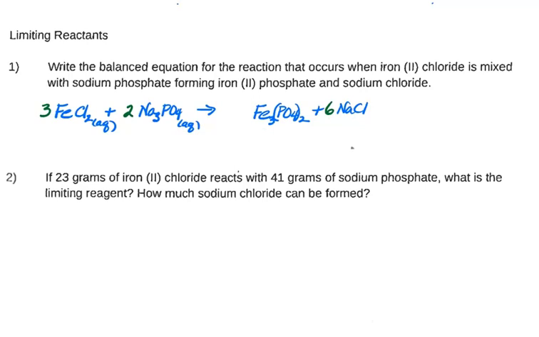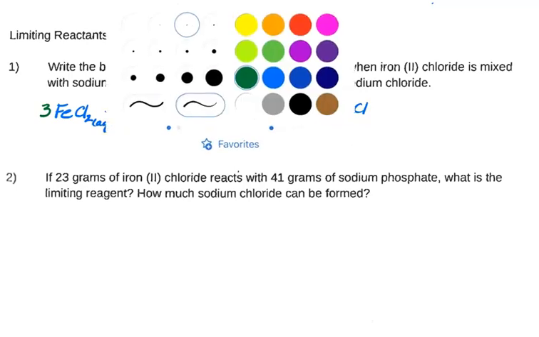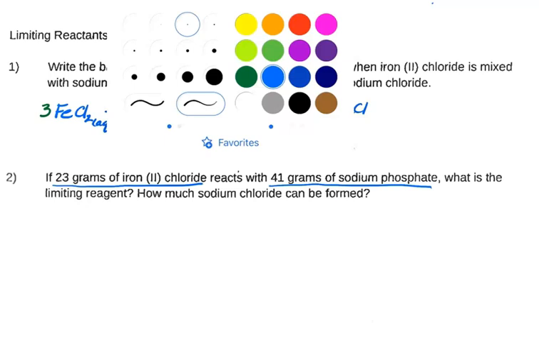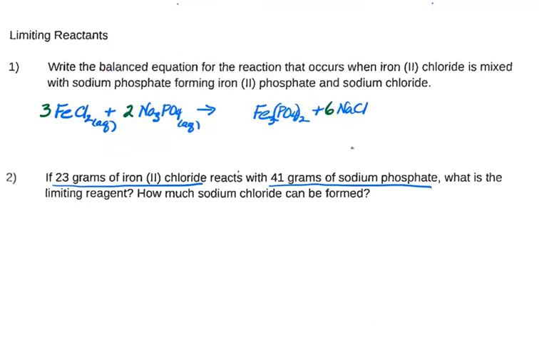Okay, now, next piece. If I have 23 grams of the iron chloride, and I've got 41 grams of the sodium phosphate. So I'm going to write that up here on my reaction. So I have 23 grams of the iron 2 chloride, and I have 41 grams of the sodium phosphate.